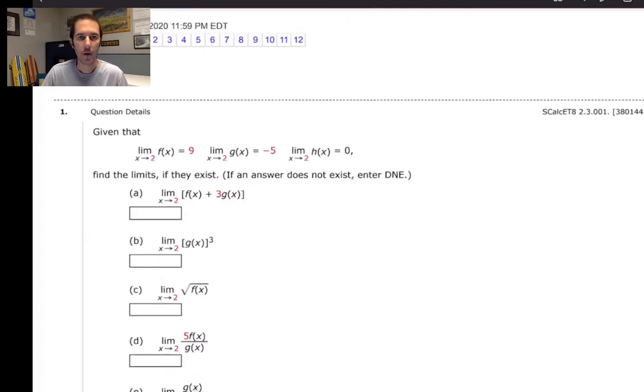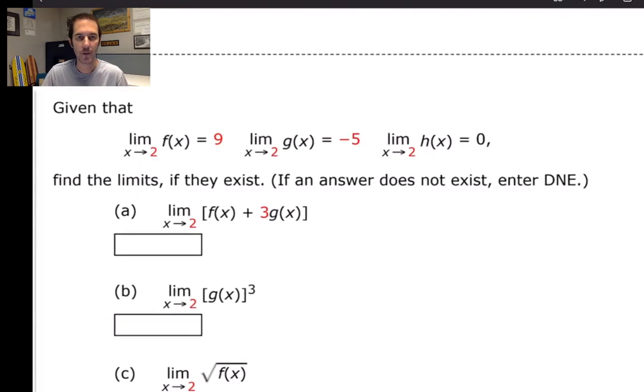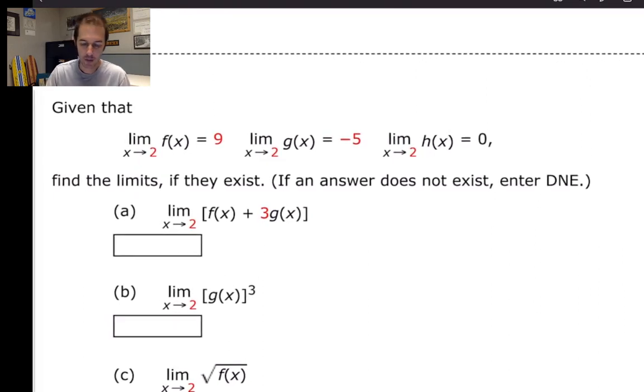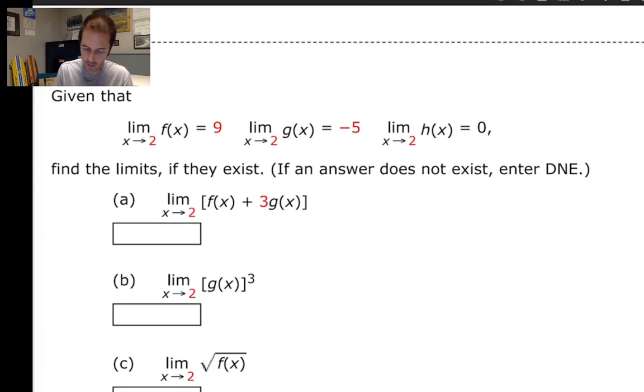And here in number 1, this is a slightly different setup for this kind of a question. We saw it visually before, but here we're being told the value of a bunch of limits. They are all the limit as x is approaching 2. So they have that in common, that's important. And the limit as x approaches 2 for f of x approaches a y value of 9.